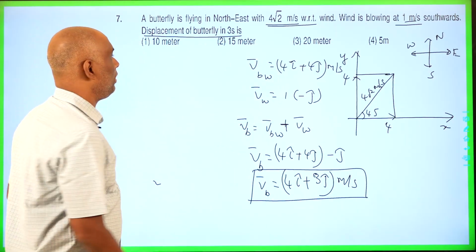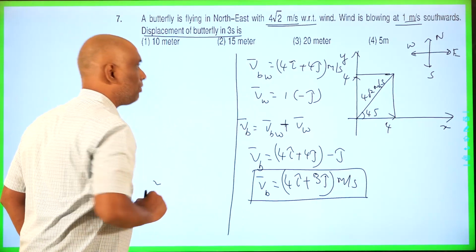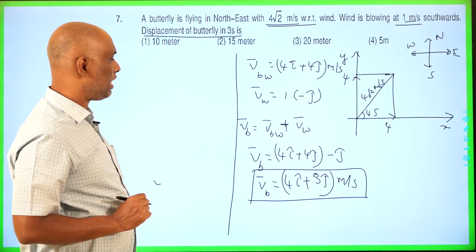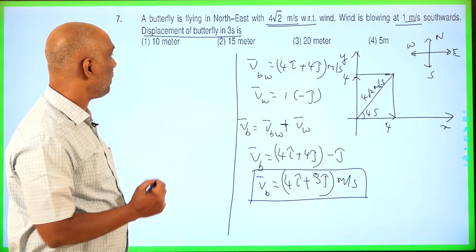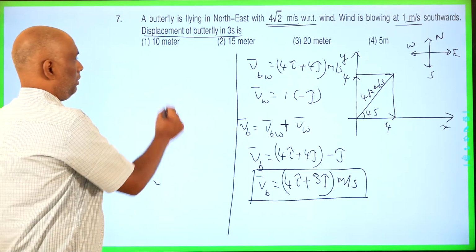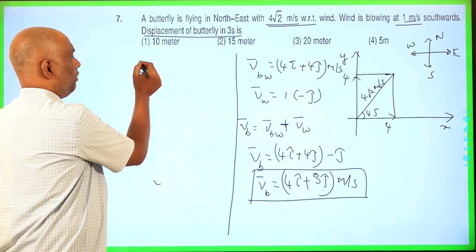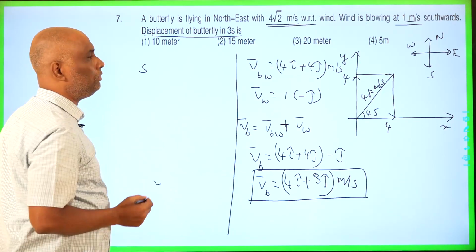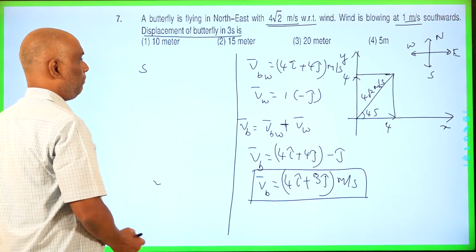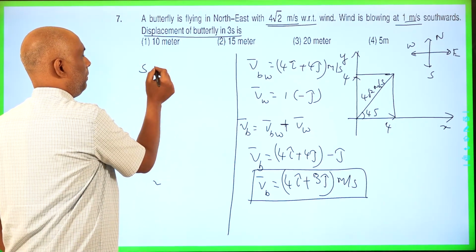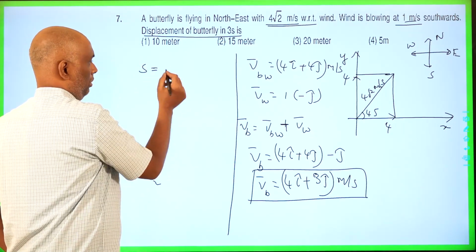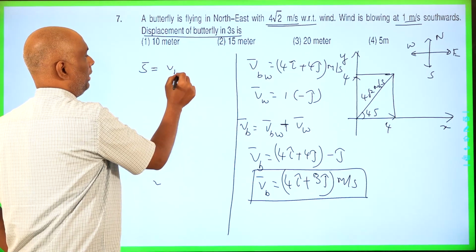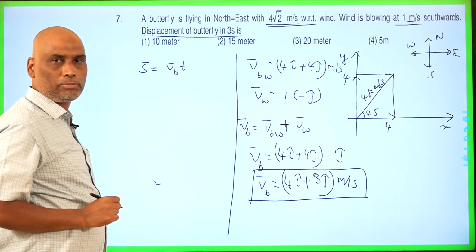Once we have the absolute velocity of the butterfly, you are asked to find the distance traveled by it in 3 seconds, the displacement in 3 seconds. The displacement covered by the butterfly will be equal to the velocity of the butterfly into the time taken.